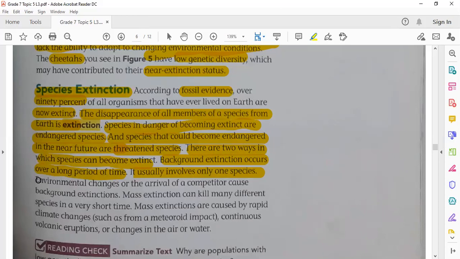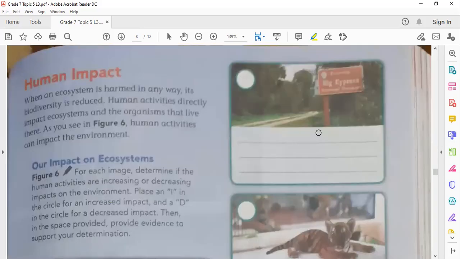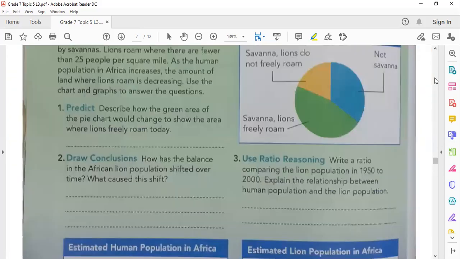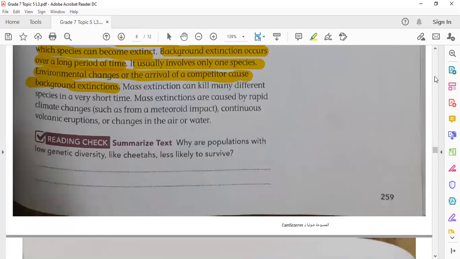What are the causes of this? The environmental changes or the arrival of a competitor cause background extinction. So what causes background extinctions? The environmental changes and the arrival of a competitor.